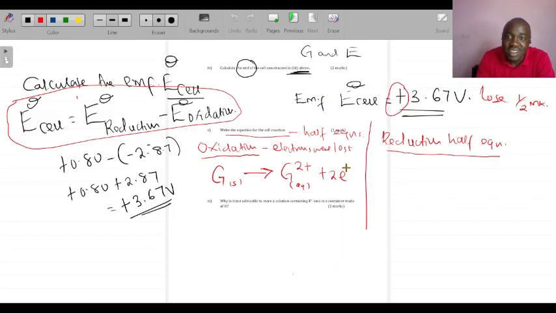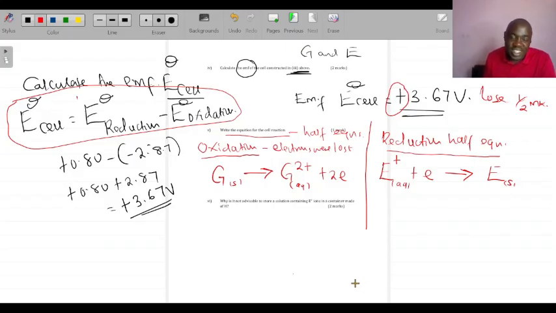So meaning E was able to gain 1 electron so that it can form our E. So now the question is, how many electrons were lost at the anode, and how many electrons were gained at the cathode?